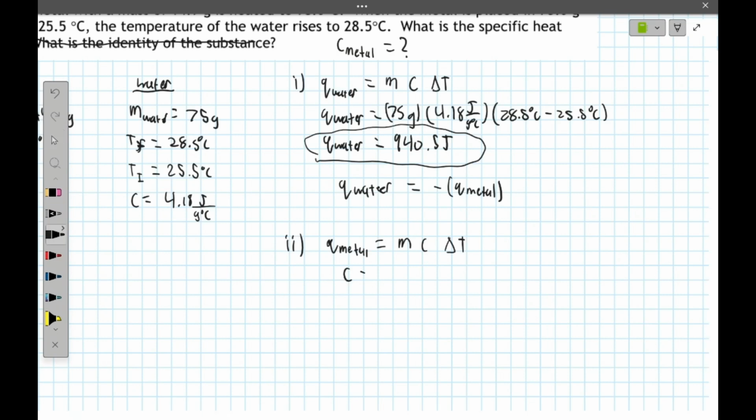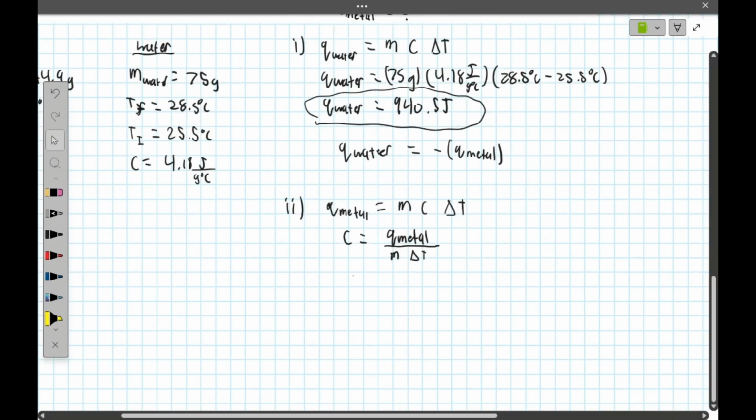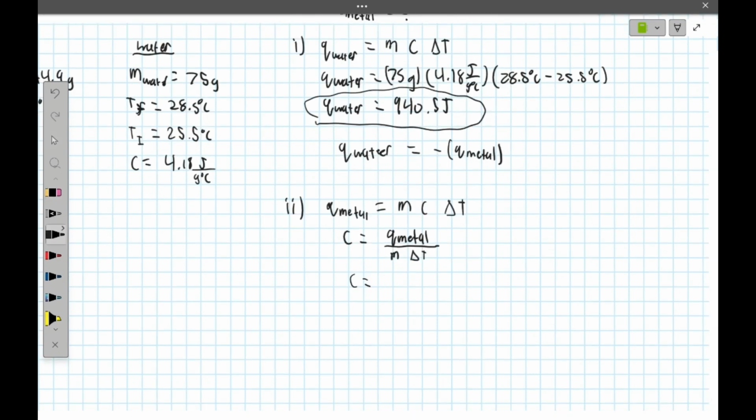So C is equal to Q of the metal divided by the mass and change in temperature. So let's plug in our values. C is equal to, now we know that this is negative 940.5 joules divided by the mass.